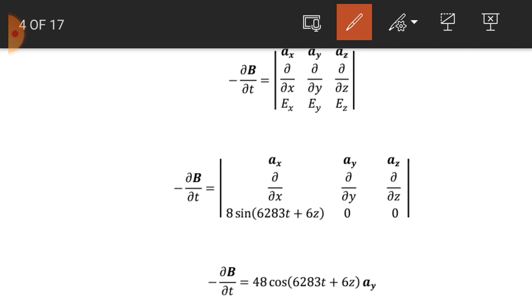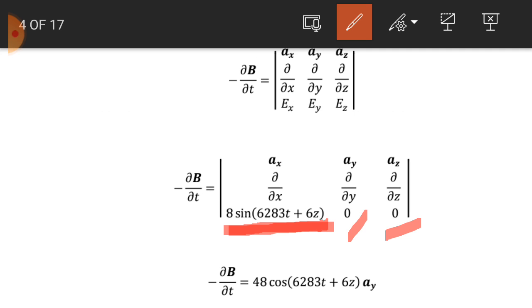So we put the X component of the electric field intensity in this determinant. The Y component is 0 and the Z component is 0 as well.